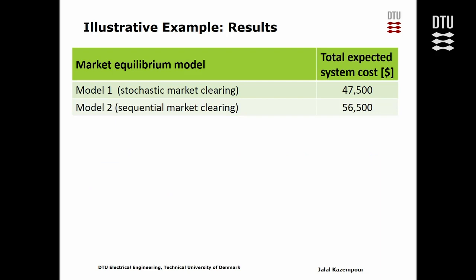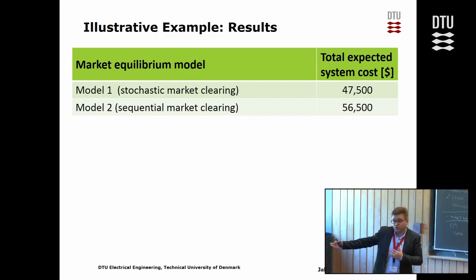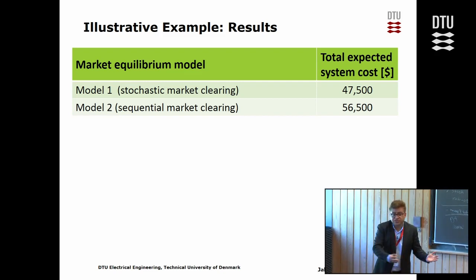If we have deterministic case, deterministic sequential, first day ahead, we only see that the wind forecast is 250. We don't know what will happen in real time. Then we make the day ahead decisions. We dispatch the wind as 250 megawatt, and then in real time we realize, oh my God, the wind under scenario 1 is 0. The wind production under scenario 2 is 500.